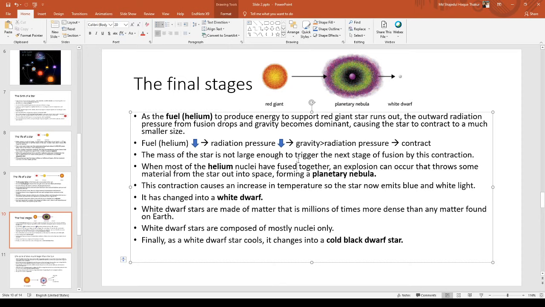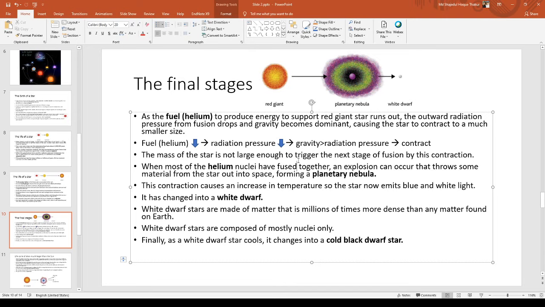But as that energy is continuously being radiated to the surroundings, the energy will eventually run out. Because now the star is continuously glowing because it is continuously emitting energy.